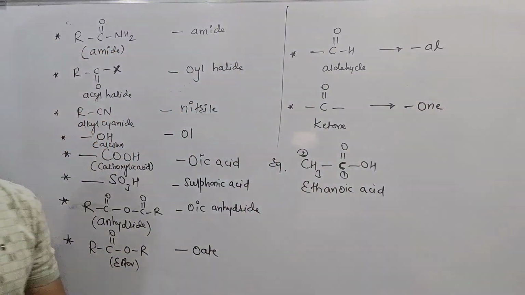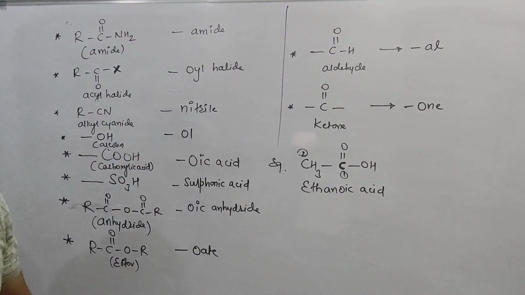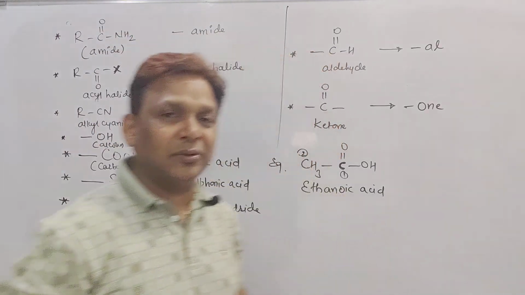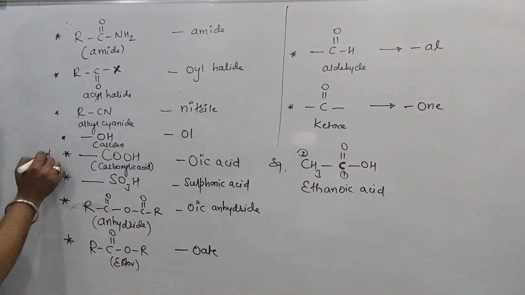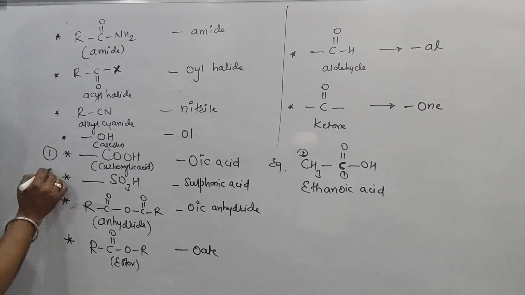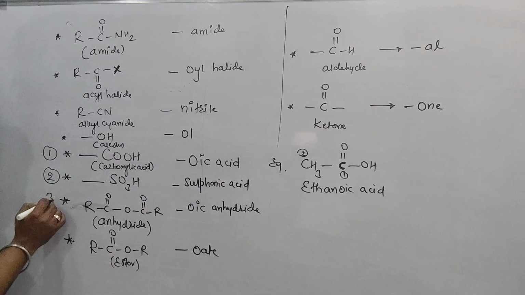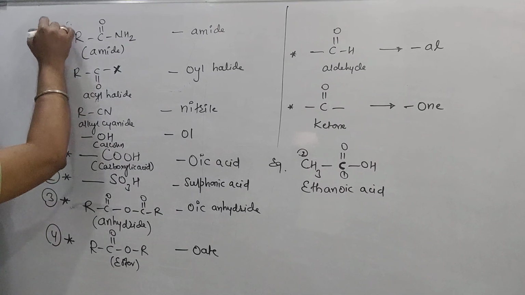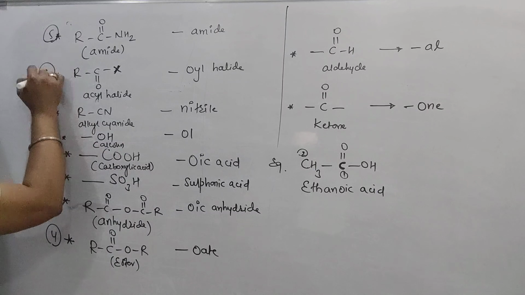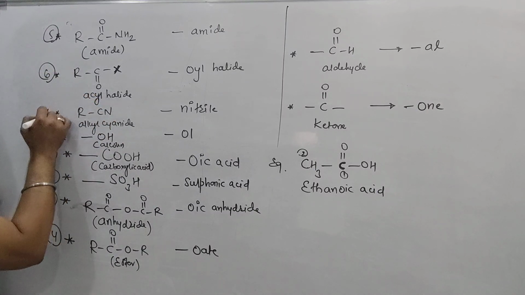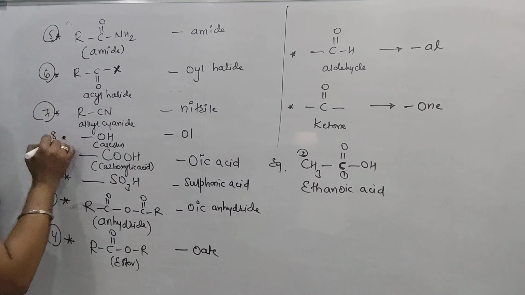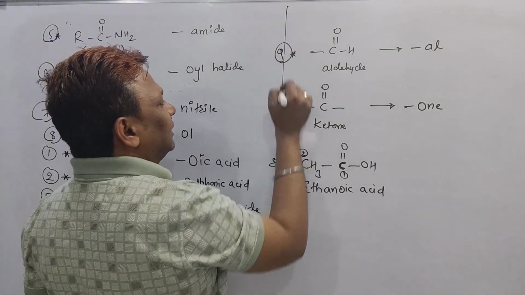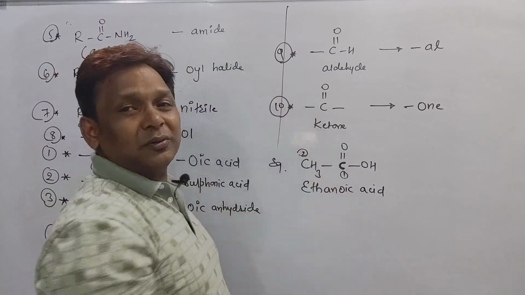See, all the functional groups which we require in organic chemistry I have given for you. Number 1 carboxylic acid, number 2 sulfonic acid, number 3 anhydride, number 4 ester, number 5 amide, number 6 acyl halide, number 7 alkyl cyanide, number 8 alcohol, number 9 aldehyde, and number 10 ketone.